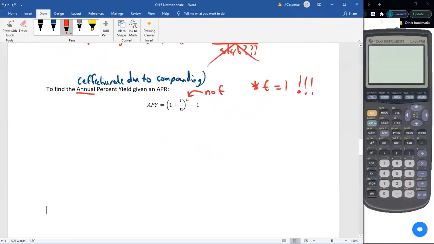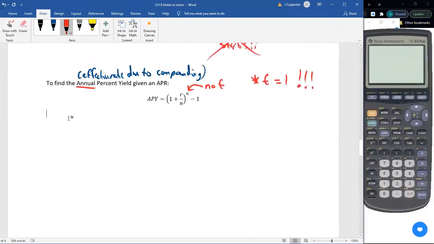All right, still not in 6.2. Example. Bob deposits money, not telling you how much, into an account that accrues interest monthly at 12% APR.